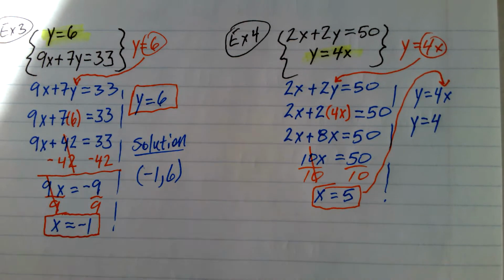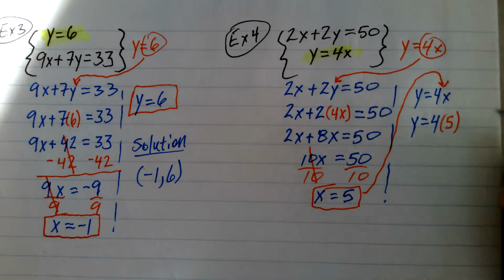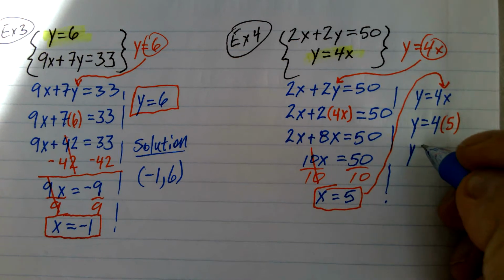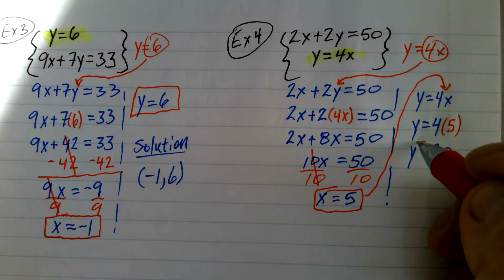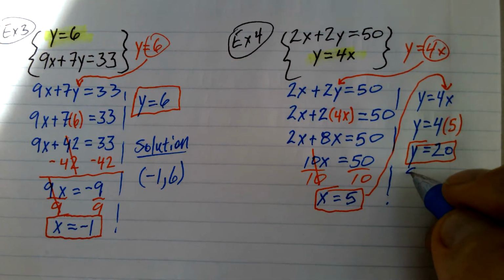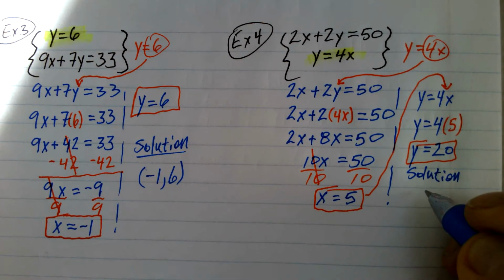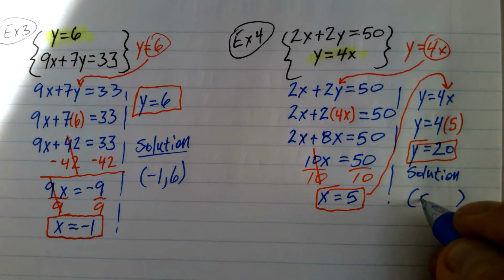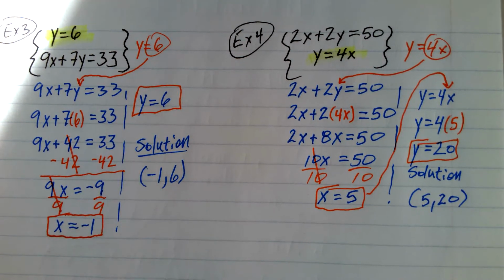Now I want to know what 4 times 5 is, because that's what y is. Y equals 4 times, not x, but what x equals, 5. And that gives me my answer. Y equals 20. So now I got my solution. Solution is 5, 20.